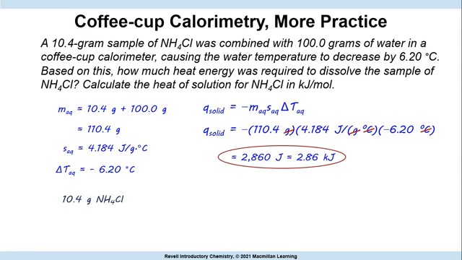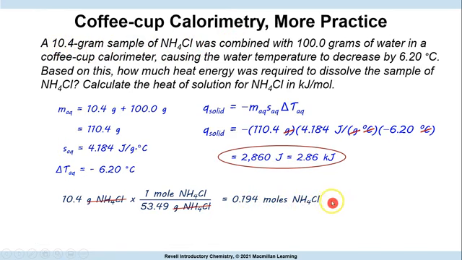So we have 10.4 grams of ammonium chloride, and the conversion factor here is the molar mass. We will have grams at the bottom and moles at the top, so that grams cancel with the grams, and we are left with the moles. Now we've seen that 10.4 grams of ammonium chloride gives us 0.194 moles of ammonium chloride.